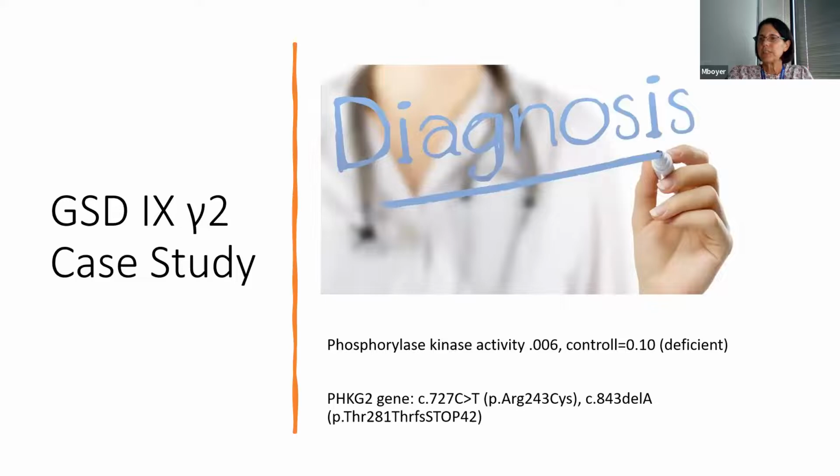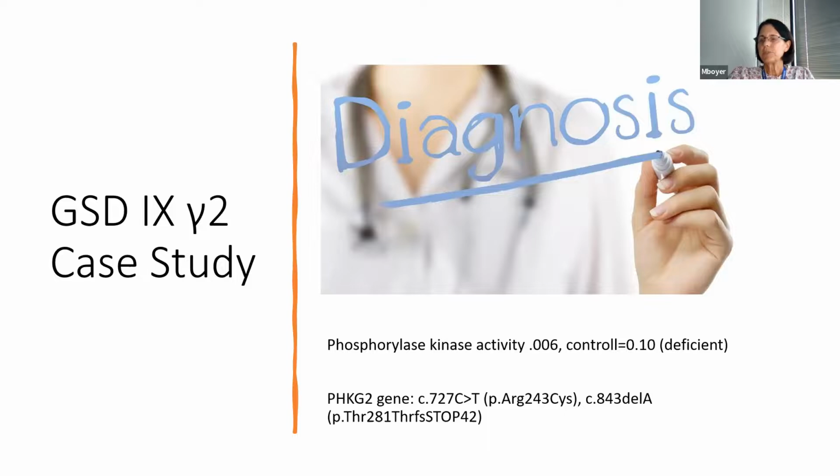The last GSD subtype to be considered was GSD IX. Phosphorylase kinase activity was evaluated in liver tissue and found to be deficient, and sequencing of the PHKG2 gene identified one missense mutation and a frame shift mutation consistent with GSD IX gamma 2.